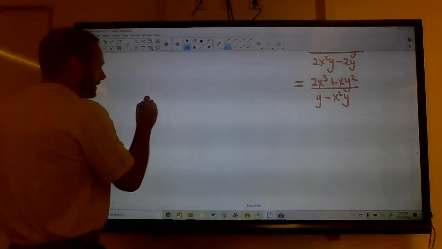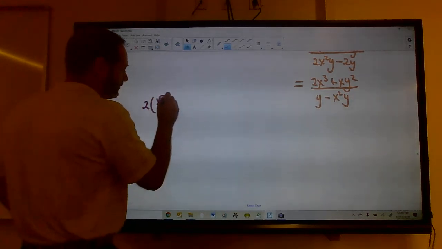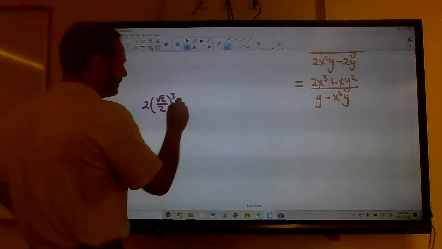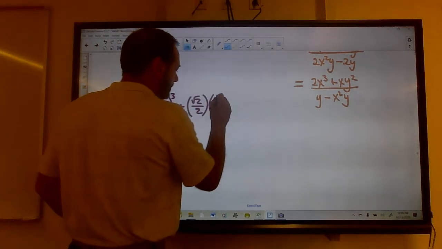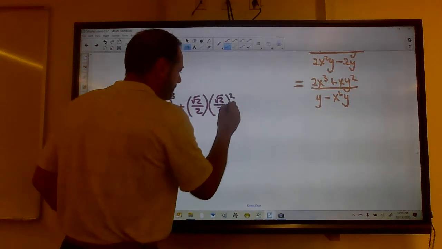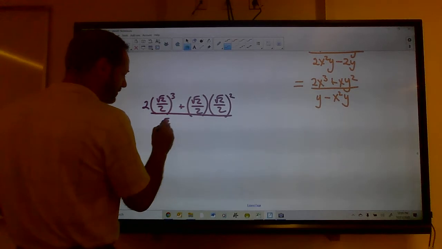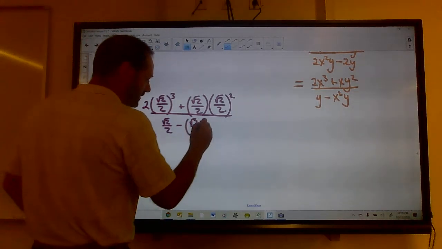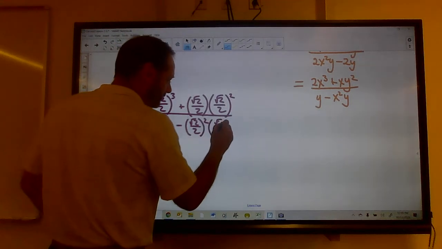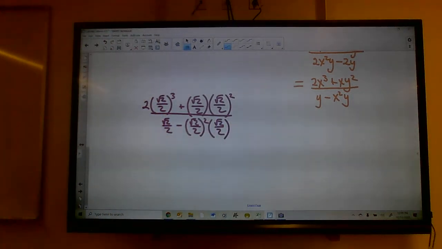So I'm going to get 2 times (square root of 2 over 2) cubed plus square root of 2 over 2 times (square root of 2 over 2) squared, over square root of 2 over 2 minus (square root of 2 over 2) squared times square root of 2 over 2. Now I just got to simplify all that and figure out what it is.